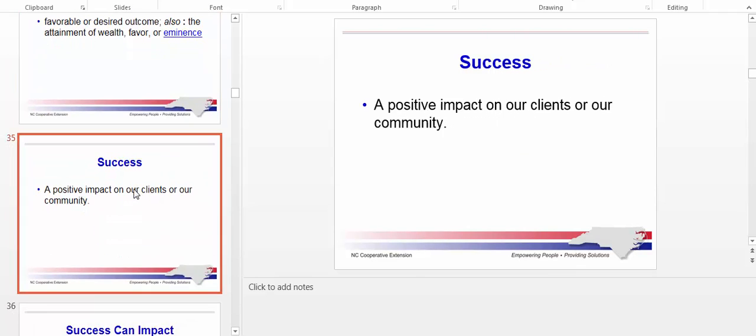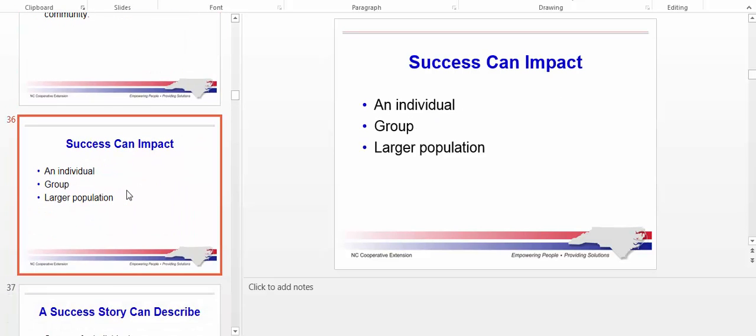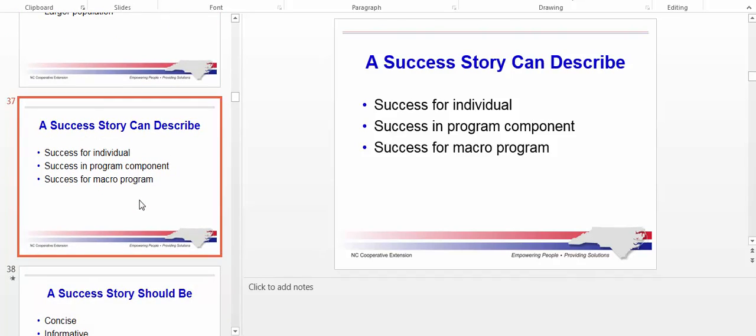So success has a positive impact on our clients or our community. Success can impact an individual, can impact a group, or the larger population as a whole. You can describe the success for an individual, you can describe success in a program component, and you can describe success for a macro program.